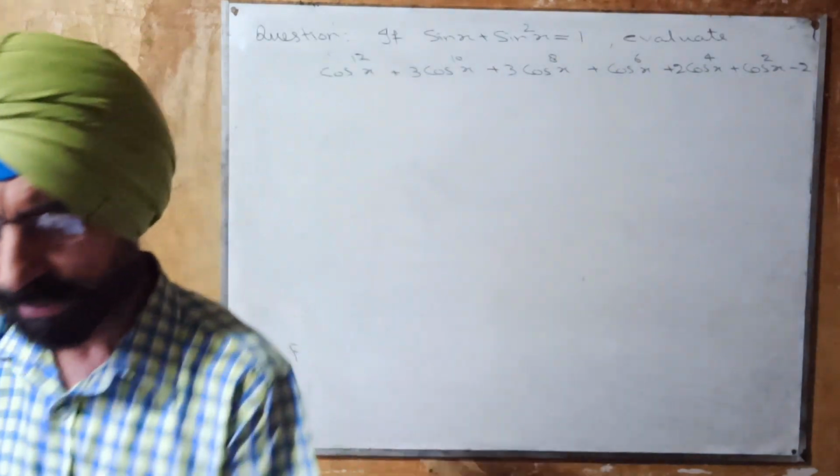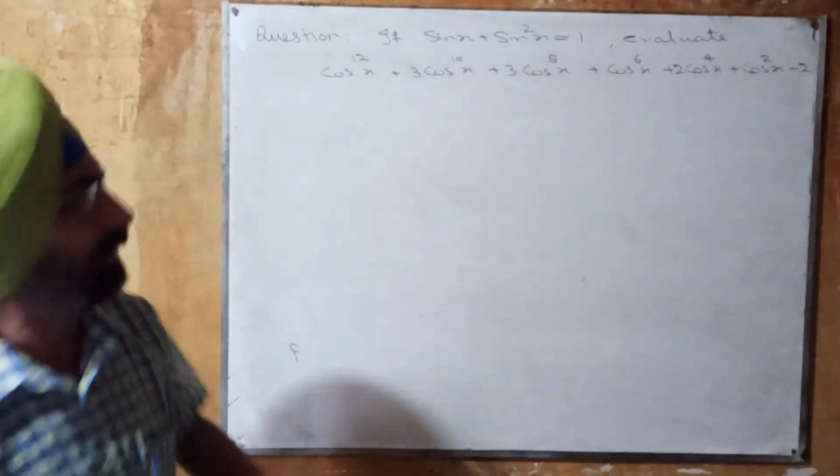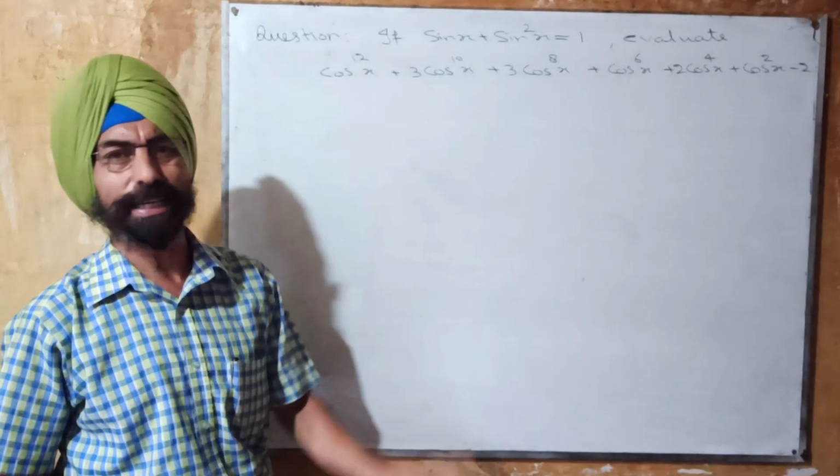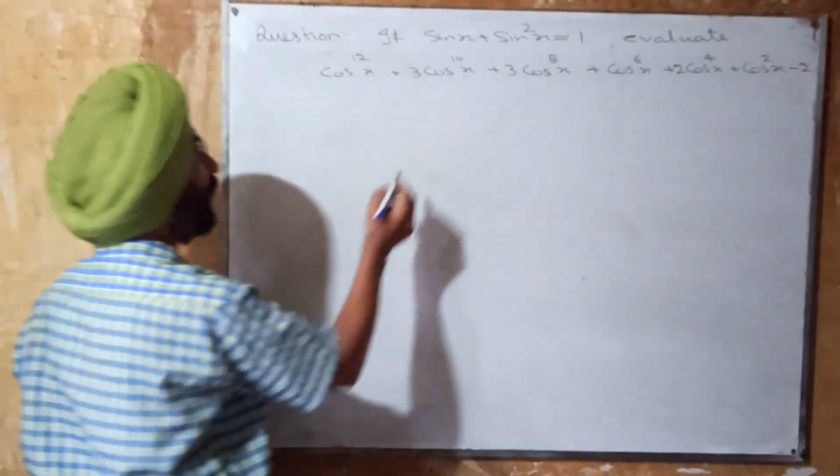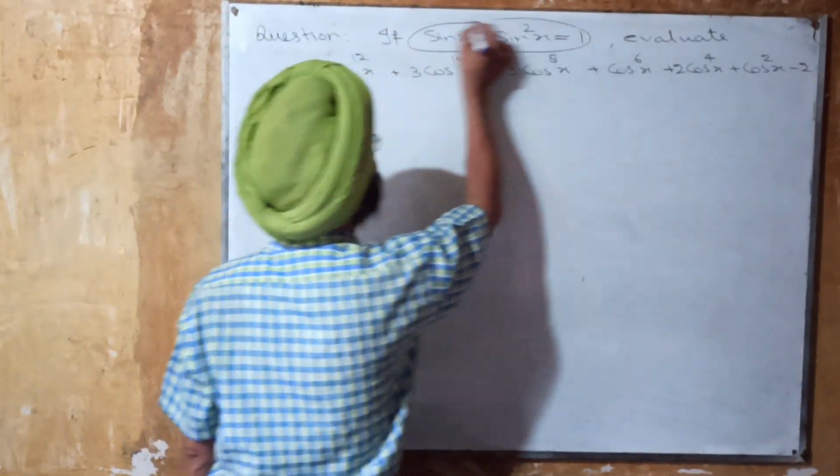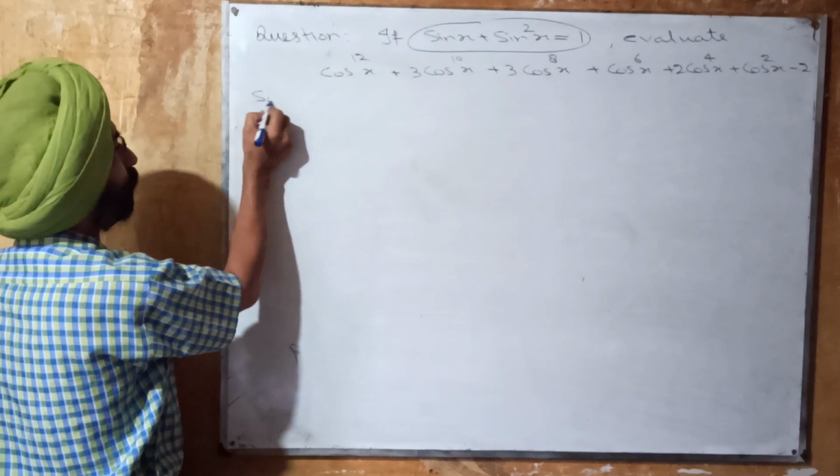This we are to evaluate. We are just given that sin x plus sin square x is equal to 1. So I am going to start with the given equation for the solution.